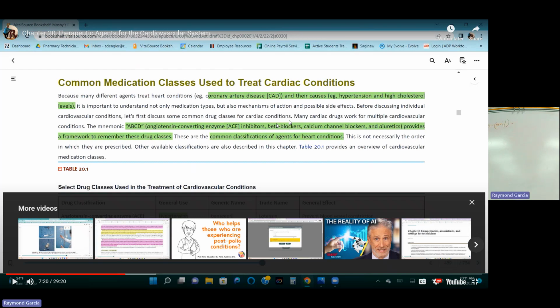You have beta blockers. Calcium channel blockers. And diuretics. A, B, C, D.